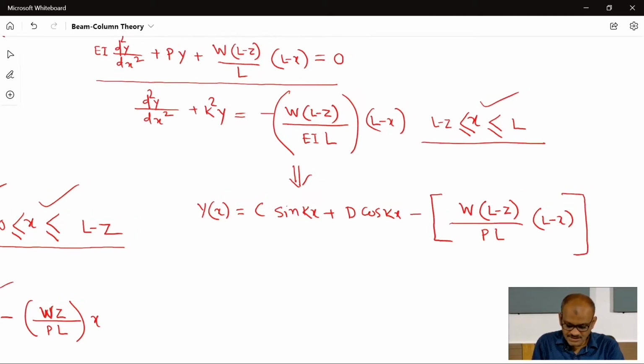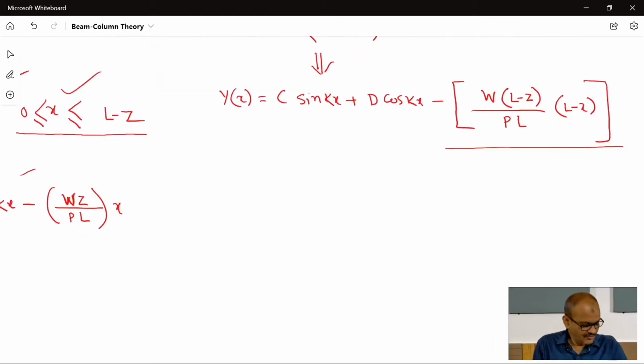This we know, this is a particular solution that when you substitute in the governing differential equation, that will satisfy. This exercise we have already done.